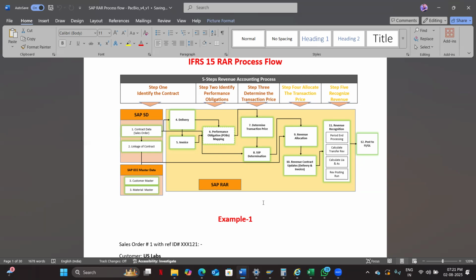Deferred revenue is a liability for us, because we need to recognize it per month. The customer has already paid, but we need to recognize it monthly, so whatever is in deferred revenue we need to deduct and recognize monthly wise. So that amount is a liability for us. Okay, got it.